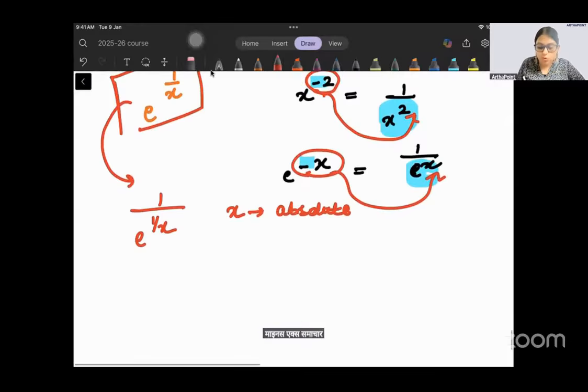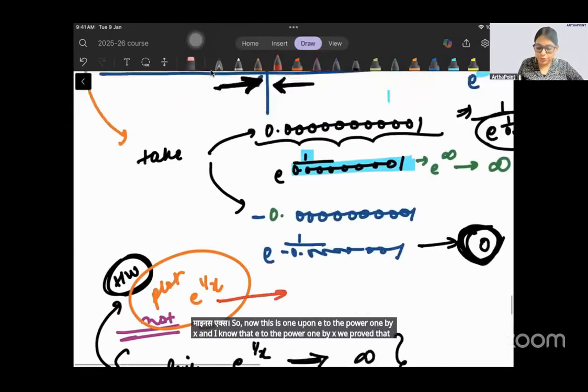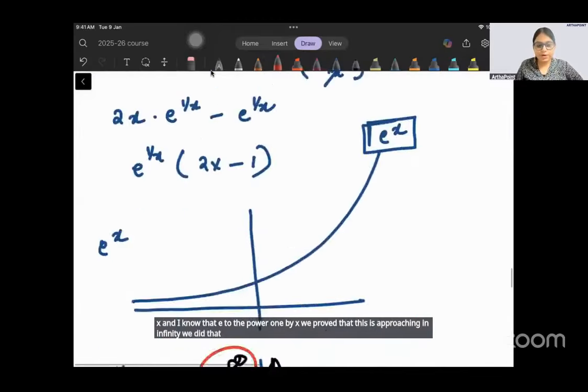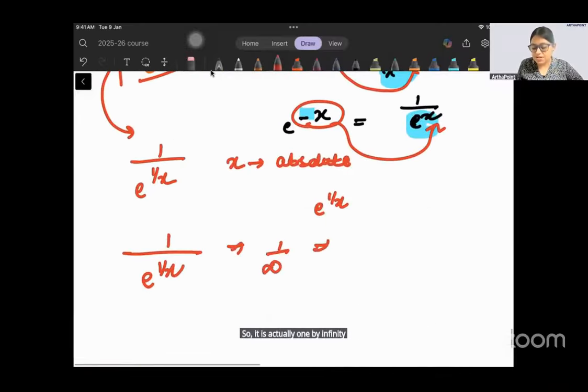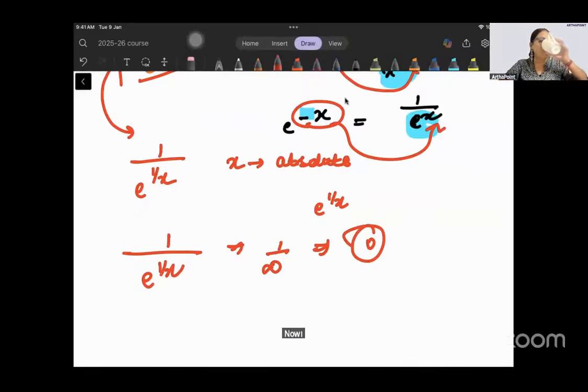So now this is 1 upon e to the power 1 by x. And I know that e to the power 1 by x, we proved that this is approaching infinity. So it is actually 1 by infinity, which means anything by infinity is 0. So it goes towards 0. Is it making sense now? Please ask if there is any doubt.